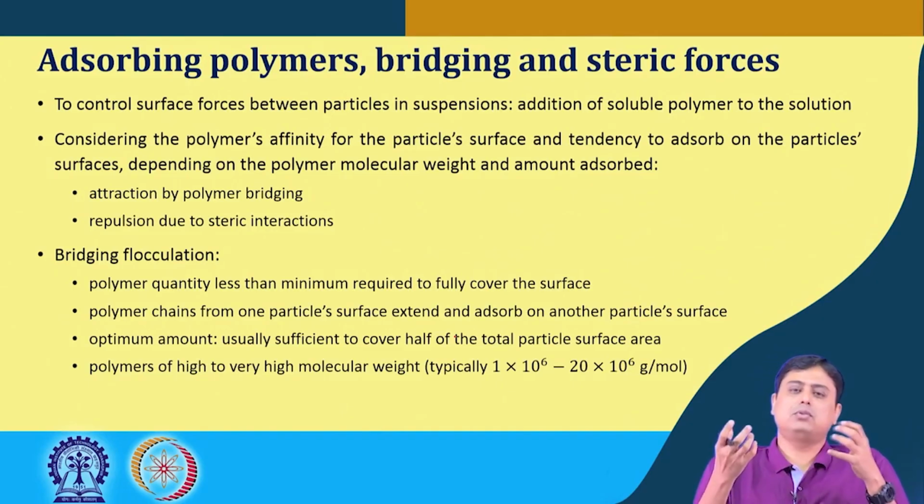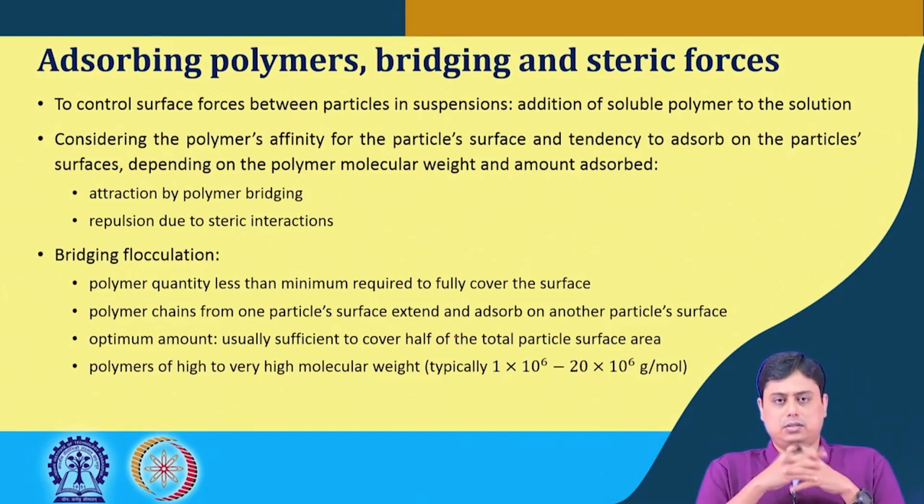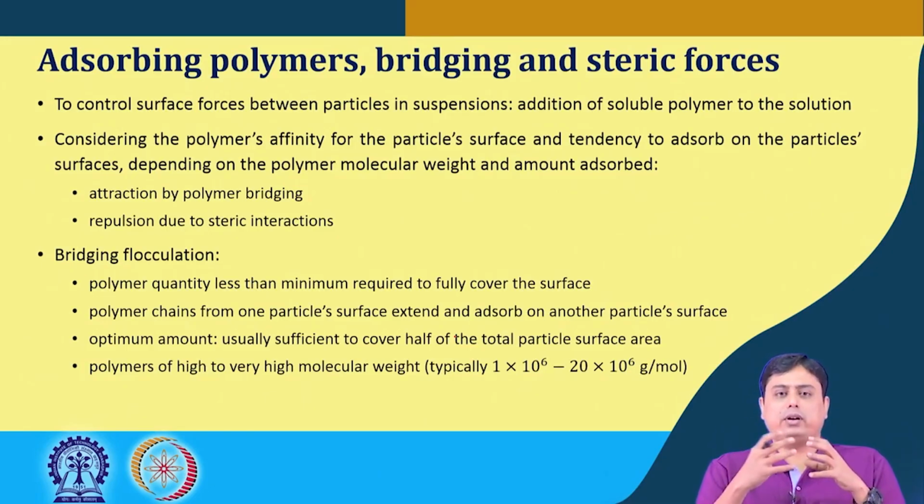These are separate forces from the van der Waals force and the double layer forces. And this adsorbed polymer layer that creates the interactions can be repulsive or attractive in nature. Based on this, we have bridging flocculation for attraction or steric repulsion.